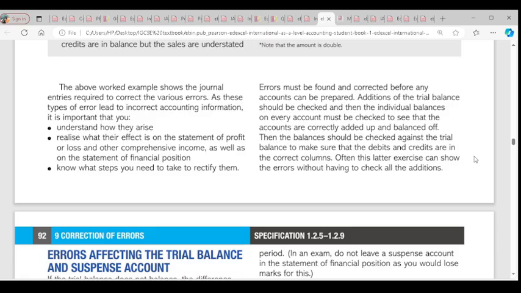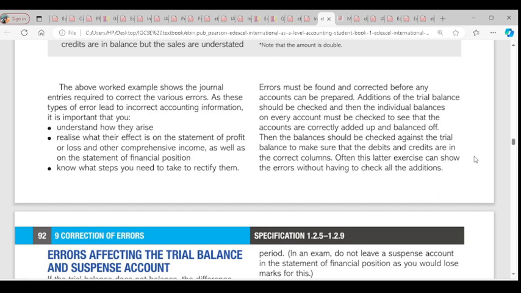Then we have to understand that the errors must be found. We need to find the errors and correct them before we prepare our financial statements. Then, as soon as that is done, we check the additions of the trial balance, and if the balance is checked, then we have to check the individual accounts.